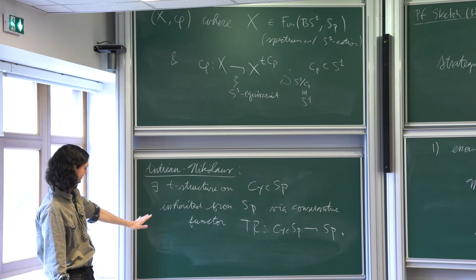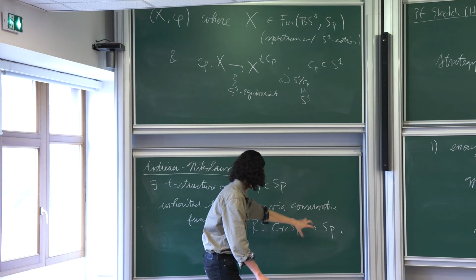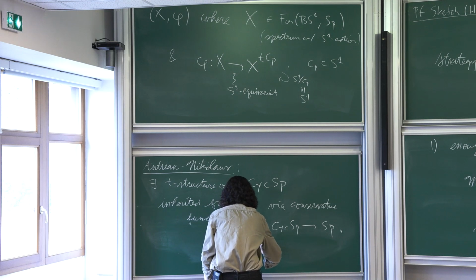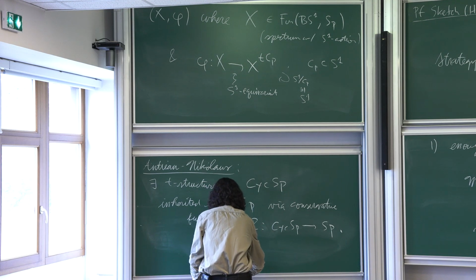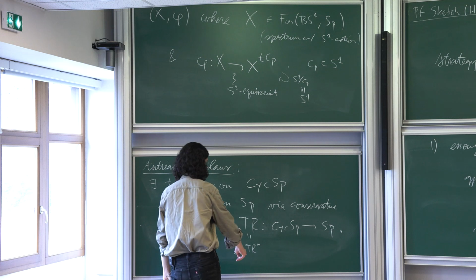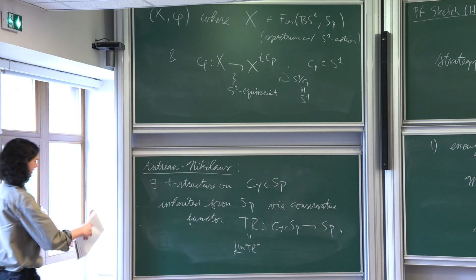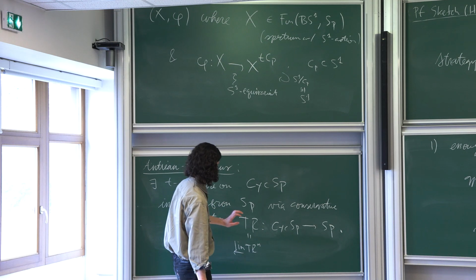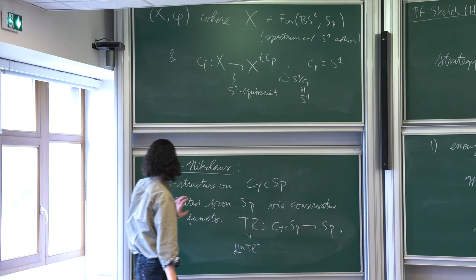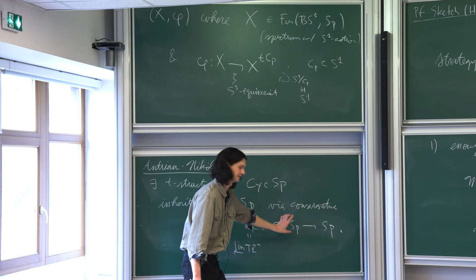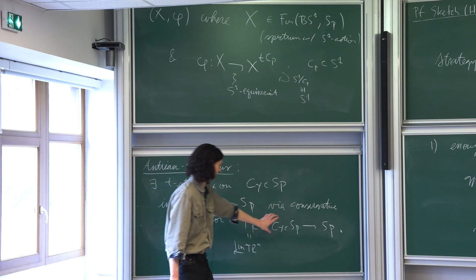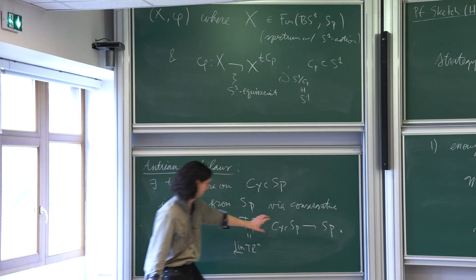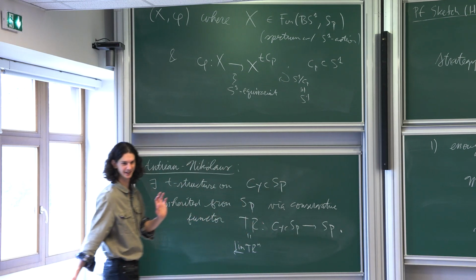But there is a different underlying object, this TR construction, which is an inverse limit of towers TRn, where TR1 is X, and then you build some thickenings. This one has the nice property that you can use it to define a t-structure on cyclotomic spectra. An object here is connective if and only if TR as a spectrum is connective, and it's co-connective if and only if TR as a spectrum is co-connective.